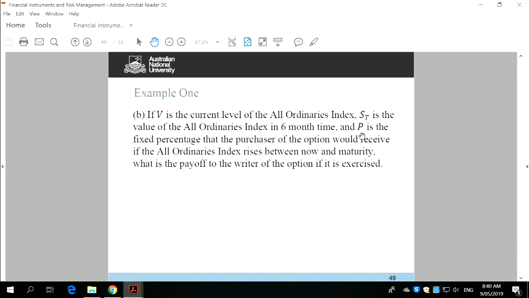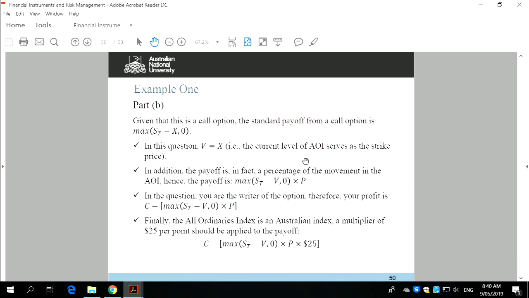So we have to work out the magnitude of increase. Well, the magnitude of increase is simply the difference between the index value in 6 months' time, ST, compared to the current level, V, right? So when the index increases, the option holder will get ST minus V times the fixed percentage P.